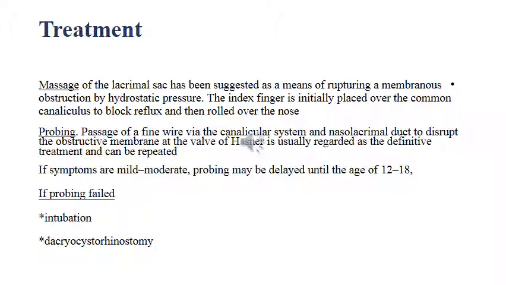If probing fails, we might need to intubate the lacrimal passages with a silicone tube and leave it for 6 months, or we do DCR for the child. So it's very important to proceed according to the time schedule with probing by the age of 12 months, because if you neglect probing at this time, you might need DCR in older age.